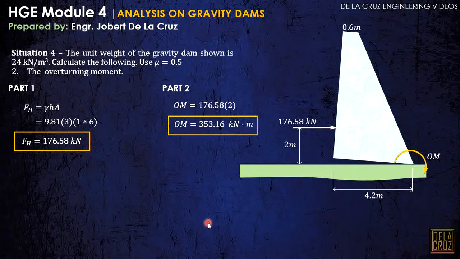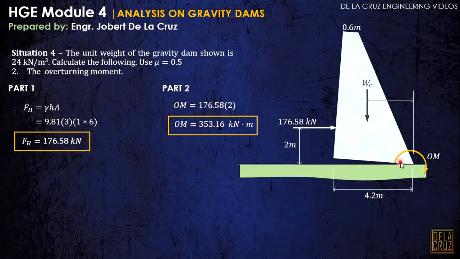Okay. So, part 3. In part 3, what we are looking for is the righting moment or the stability moment. That can be calculated due to the weight, which is what stabilizes our dam. So, this is the weight of our dam. Let us call this the weight of the concrete. We need to account for this distance here. It is somewhat difficult because we cannot directly locate the centroid of this dam.